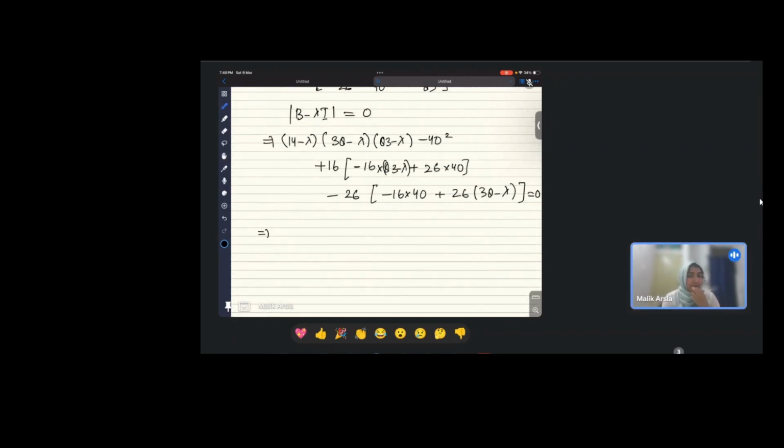Are you getting the same equation? No, ma'am, I'm doing. Simplify? Yeah, okay.